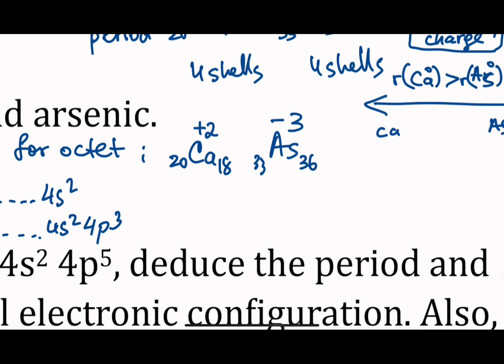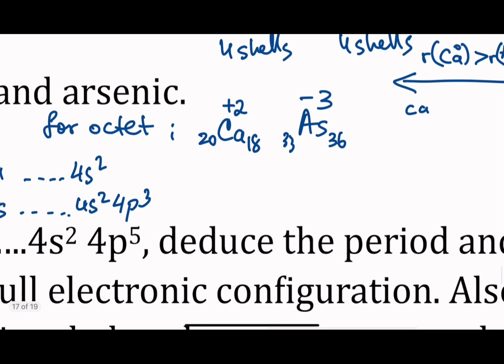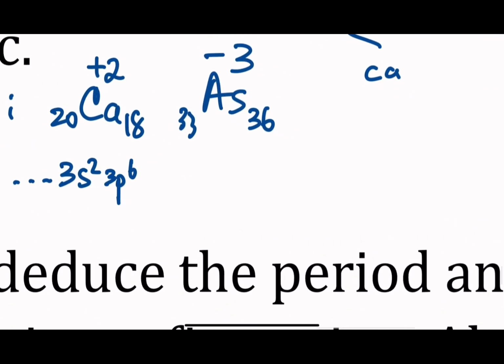Now the electronic configuration of calcium ends up being 3s2 and 3p6 because it lost the 2 electrons, and arsenic is going to end up having electronic configuration of 4s2 and 4p6. Now the octet is complete.